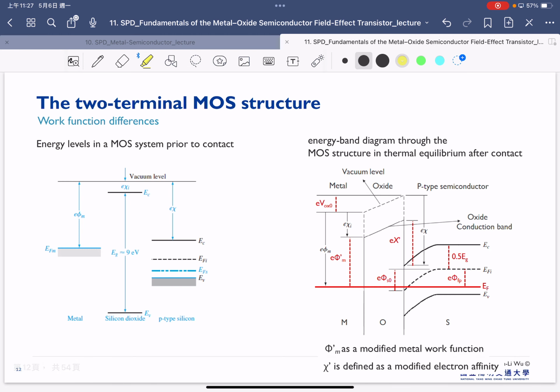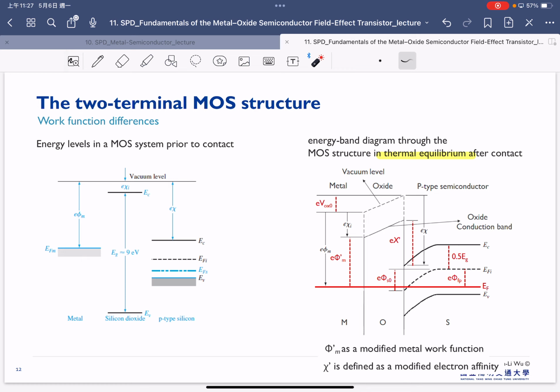Okay, so then we are also interested in how the work function will influence our MOS system. This is a band diagram, the energy levels in the MOS system prior to contact. So we have a Fermi level, we have the work function here, we have the electron affinity, and this is silicon dioxide, which has a very wide band gap, 9 electron volts here. Once we connect these, this is under thermal equilibrium.